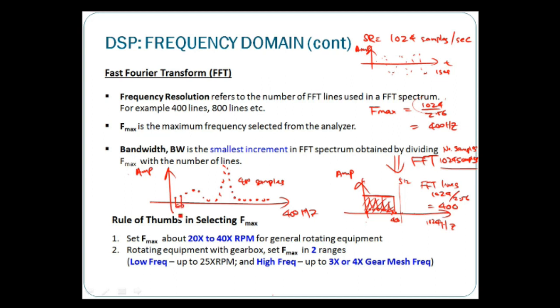In between sample to sample, our delta F is equal to 1 hertz. That is what we call the frequency resolution.